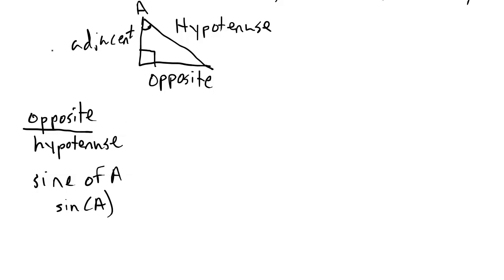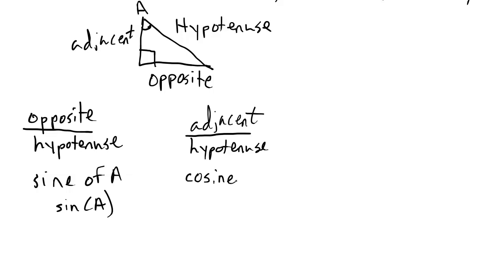Okay, what other ratios do we have? Well, we could have the adjacent over the hypotenuse. We call this one the cosine of A. This is the one that gets shortened to cos.